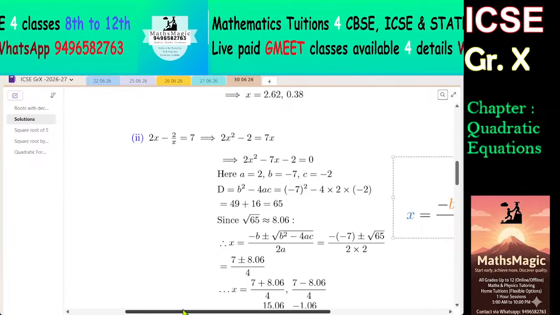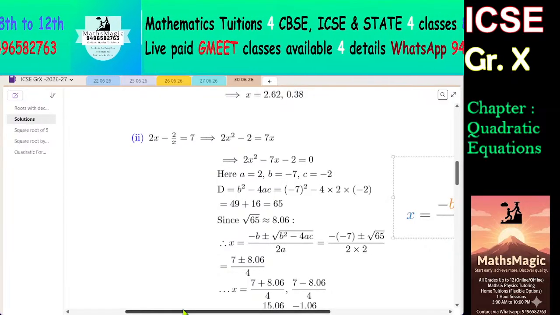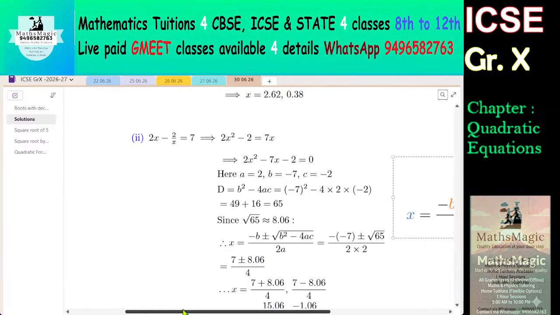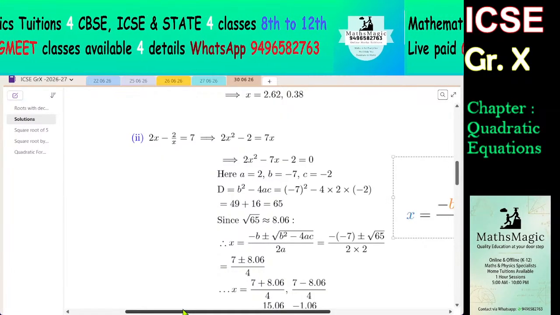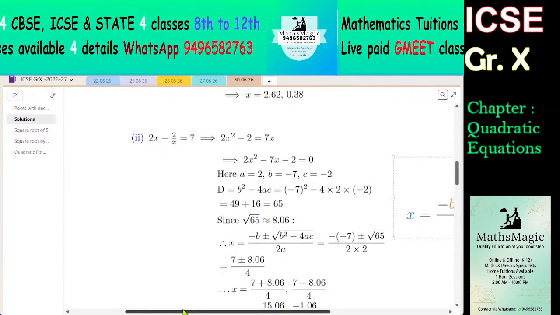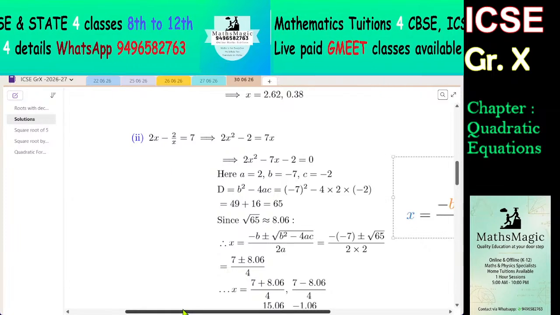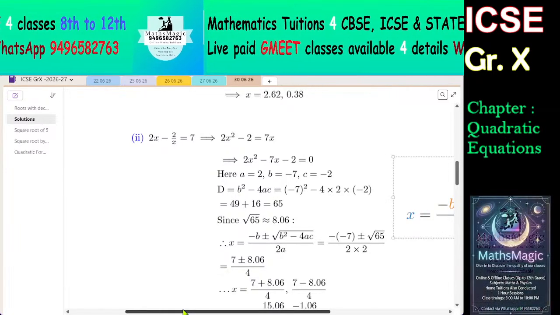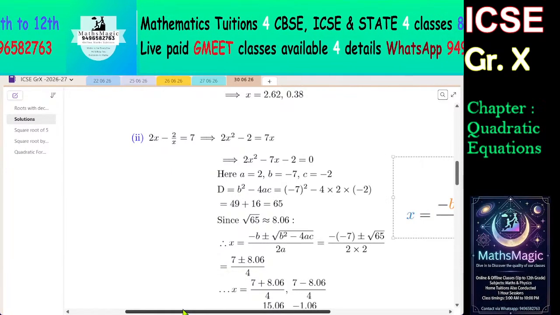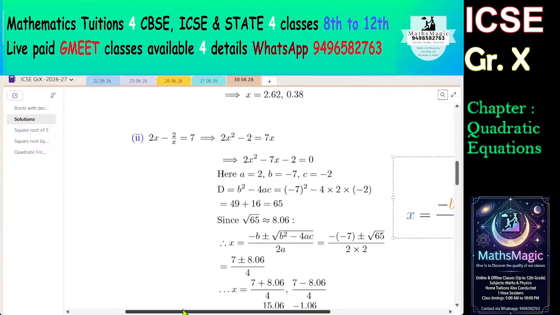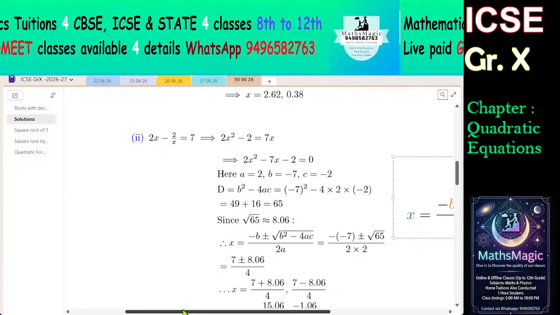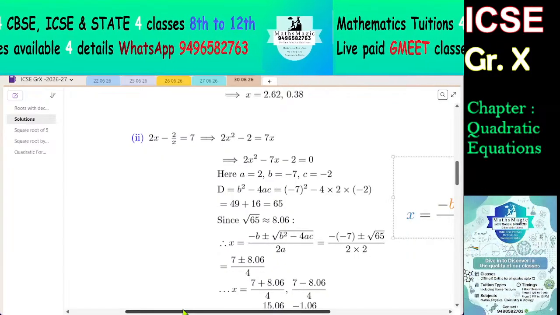Taking LCM, we get 2x squared minus 2, the whole divided by x, equals 7, and on cross multiplication, 2x squared minus 2 equals 7x. On rearranging, you get 2x squared minus 7x minus 2 equals 0. Here a is 2, b is negative 7, and c is negative 2. Here b squared minus 4ac is 65.